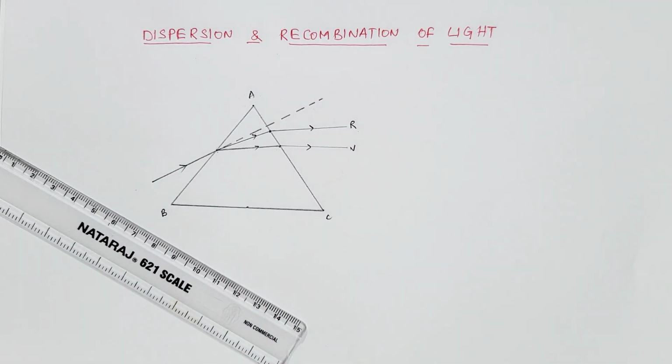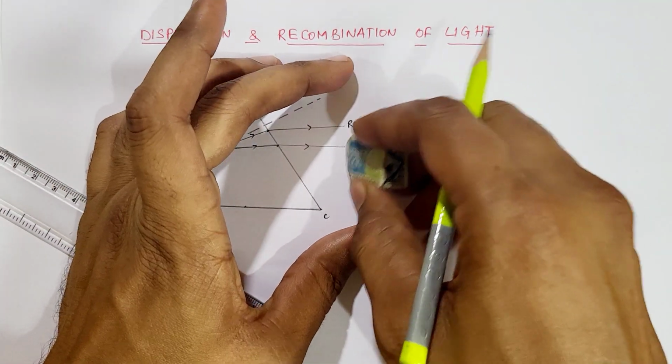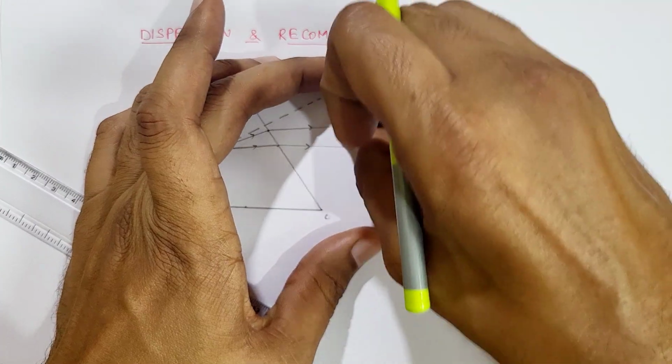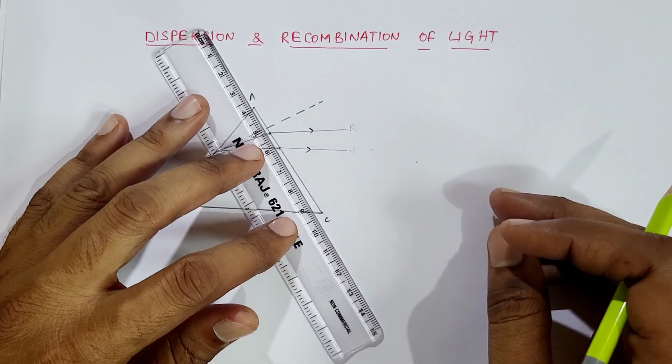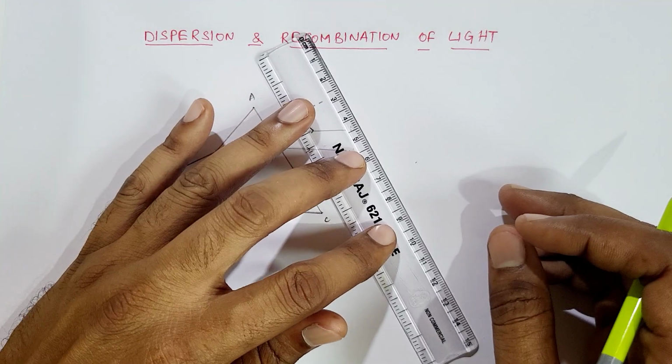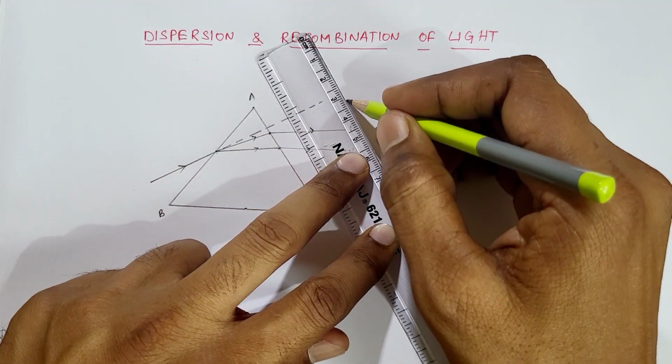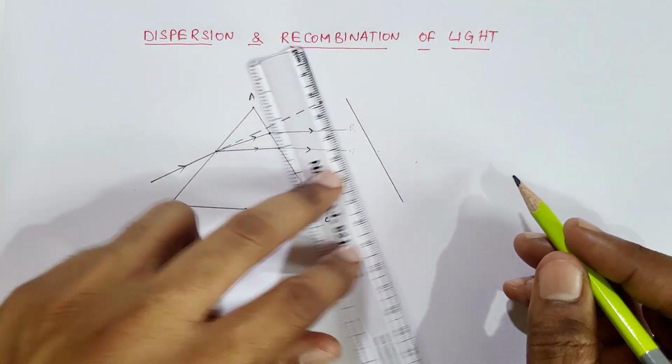Now what about the recombination? To get the recombination, we need to take one more triangular prism placed in an inverted position here. Let us place one more triangular prism here.